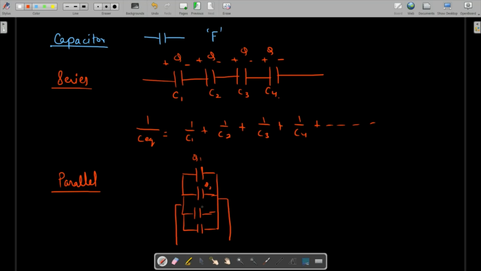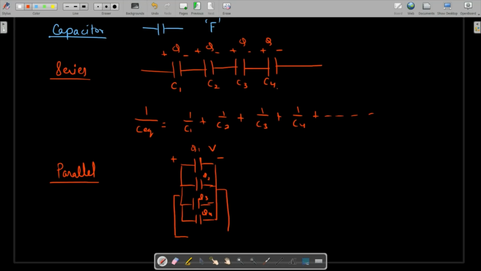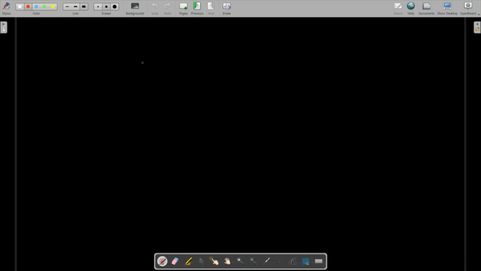So it can have q1, q2, q3, q4, while the potential across each of the capacitors remains the same, and that is equal to V, which is the same as that of the external voltage in this case. So if their individual capacitances are C1, C2, C3, C4, then the equivalent capacitance is the sum of the individual capacitances. That is how the parallel capacitors behave. So it's exactly opposite to the behavior of the resistances and resistors in series and parallel.